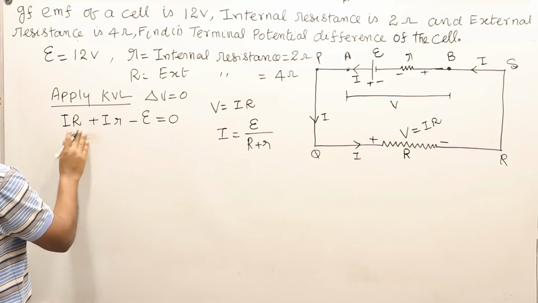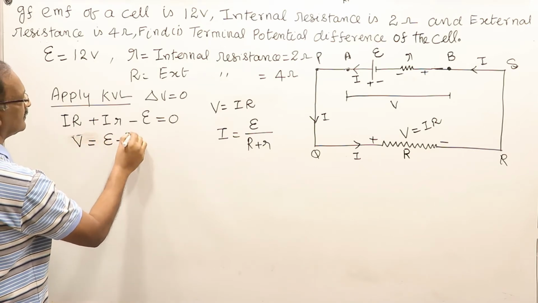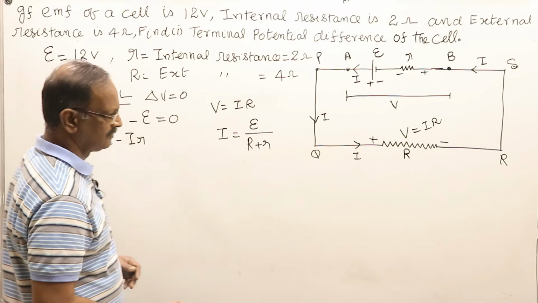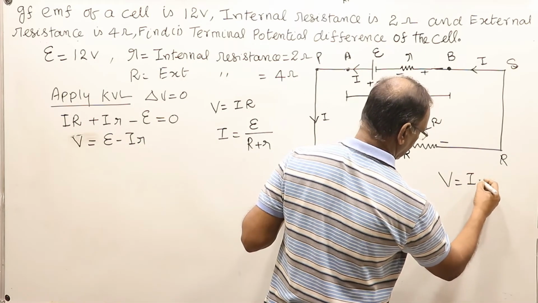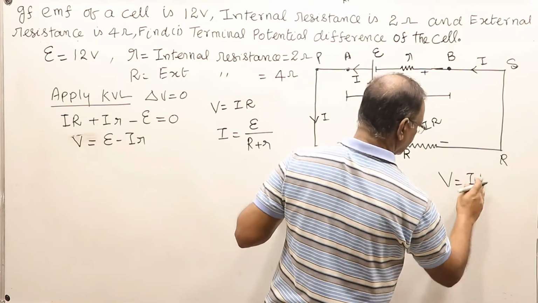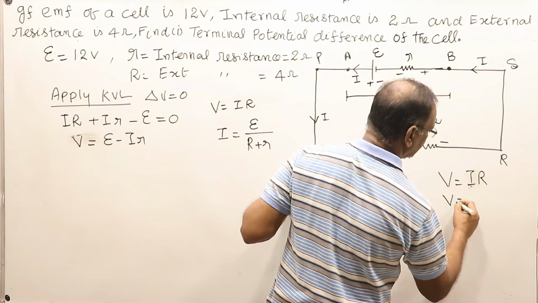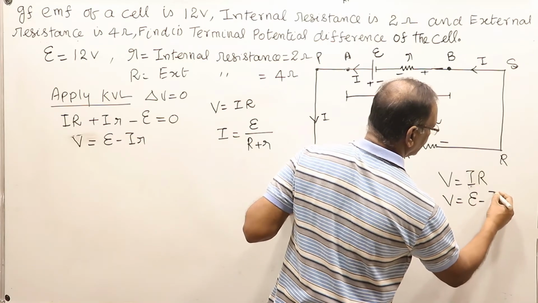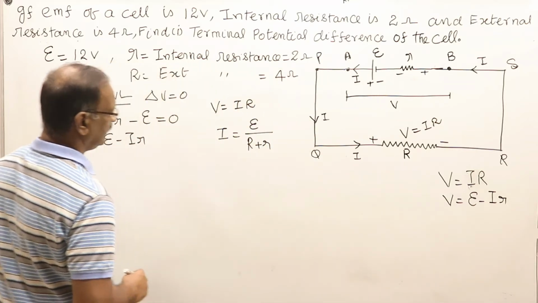Therefore terminal potential difference is equal to E minus Ir, from the equation. Also, terminal potential is equal to the EMF of the battery minus the potential drop across the internal resistance.